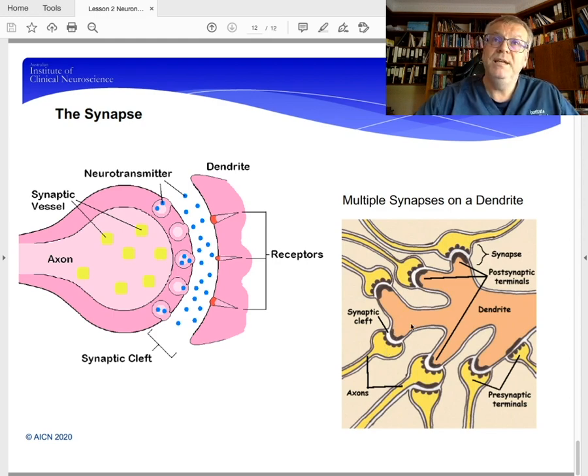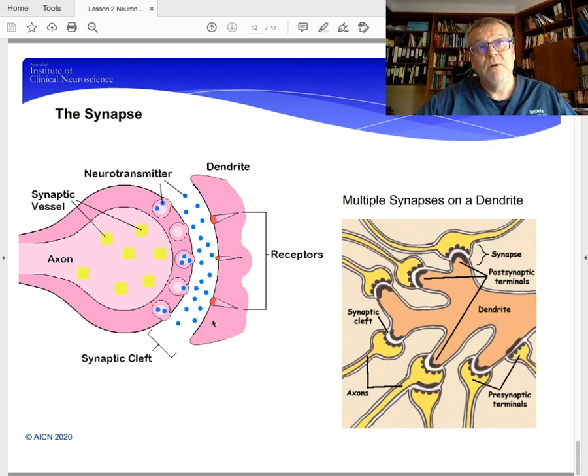And the receiving or receptor area we call the postsynaptic axon. So presynaptic, postsynaptic. Let's go over here and look at one of these synapses blown up a little bit. Here is the postsynaptic area. This is showing us the dendrite, so we mark this as a dendrite.